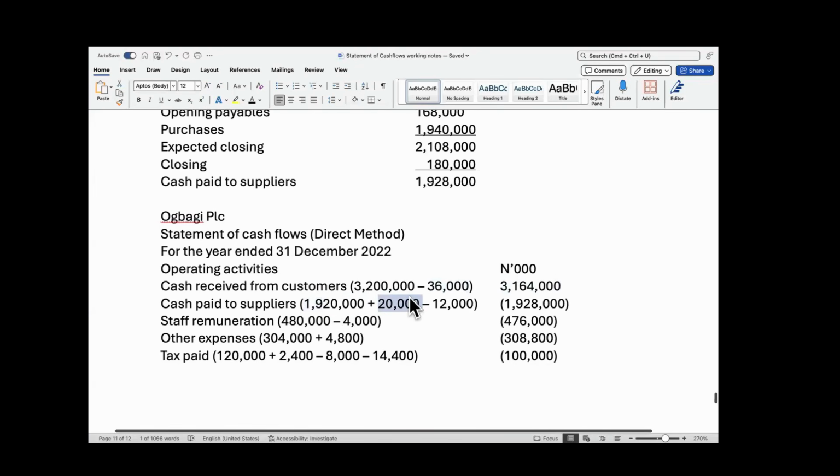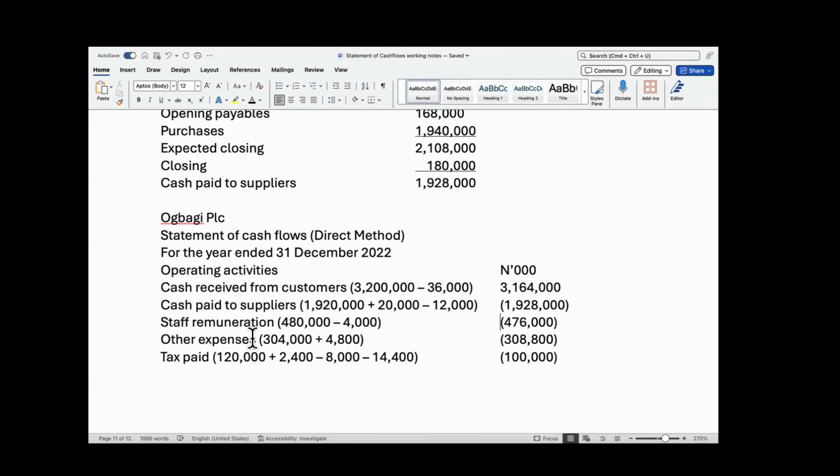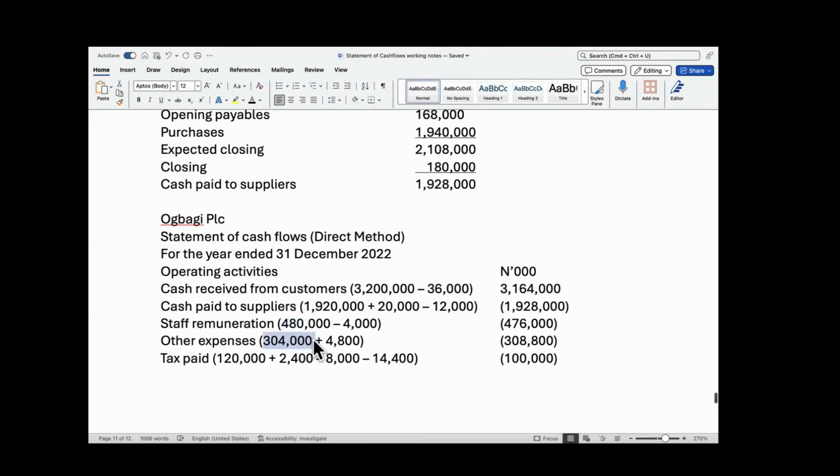They showed me that I bought inventory of 20 additionally, and I'm owing 12. My staff salaries is 480. I'm owing 4. That means I've paid the difference. My other expense is 304, and I even paid additional 48. I'm not owing at all this year. I've paid much more.